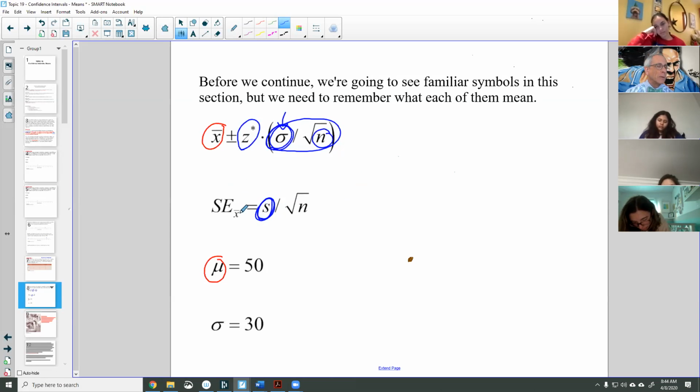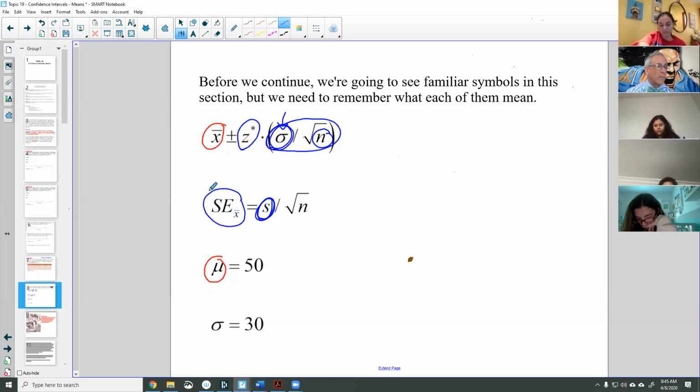That's for standard deviation. And then we got this big thing right here. Let's see. Does anybody remember what that stands for? I'll take a volunteer. Go for it, Ariel. The standard error? That is the standard error, right? SE, standard error.